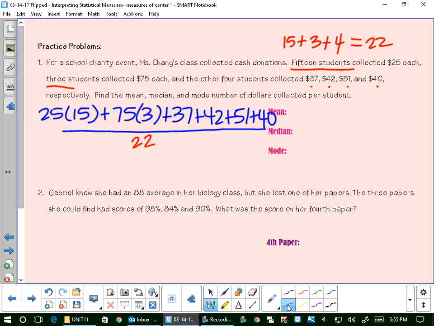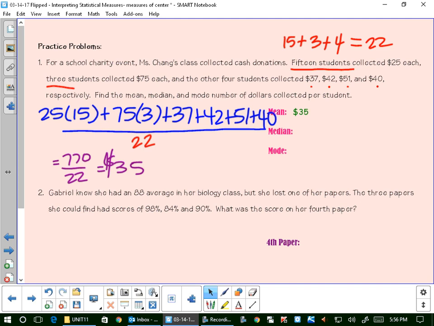Let me add all this together: 25 times 15 plus 75 times 3 plus 37 plus 42 plus 51 plus 40. So I get 770 divided by 22, and I get 35. So on average, these 22 students collected $35.